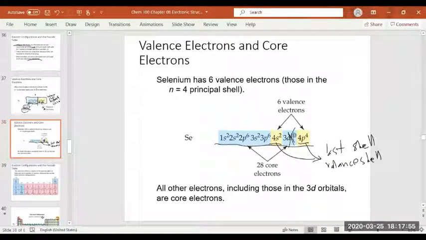And how many electrons do we have? 2 and 4 here, 6 electrons, 6 valence electrons. And these in the blue color here are the core electrons. Valence electrons are very important, guys, because they help us understand the reactions and the bonding between atoms. So it's very important to know the valence electrons.